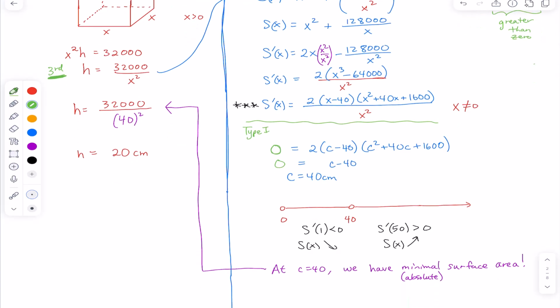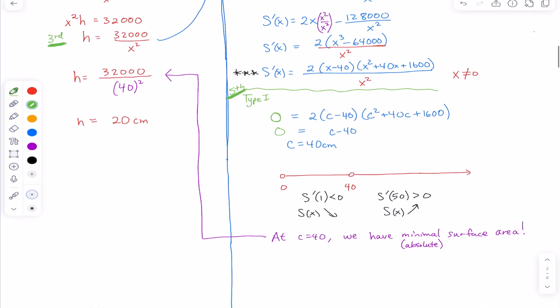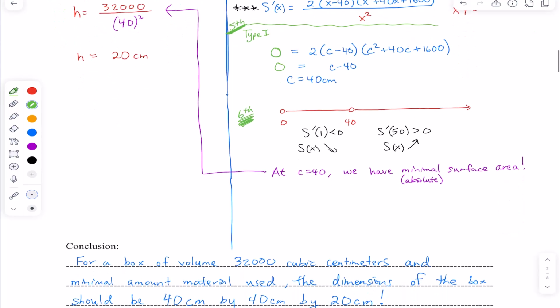Then we look for critical numbers. Turns out we have exactly one, which is what we want. So this was our fifth procedure right there. Our sixth procedure is actually apply that first derivative test to see if we actually have an absolute min. Okay, we have an absolute min for our surface area.